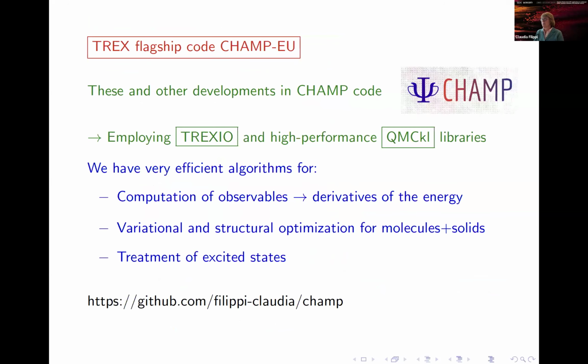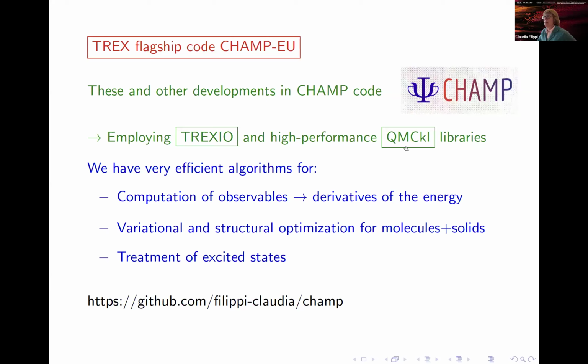So last, and then I wrap up, we did all of these using the CHAMP code. That's a code that we are developing with various collaborators. And we are employing now the TREX. So our CHAMP code talks to Quantum Package, which is the code generating the selected CI expansions, quite automatically.